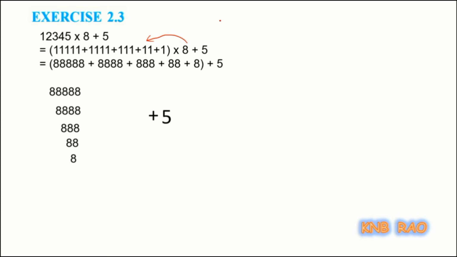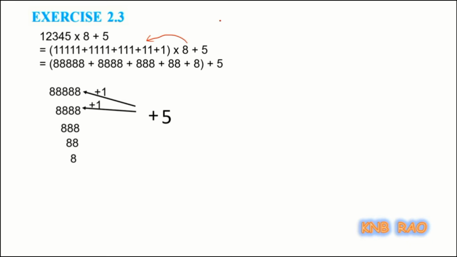See children, instead of adding these first, then to that sum adding 5, what I am going to do, you watch. I am sending that 5 in the form of 1, 1, 1 to each. So, 1 I have sent to 88,888.